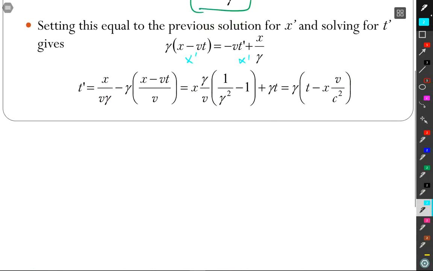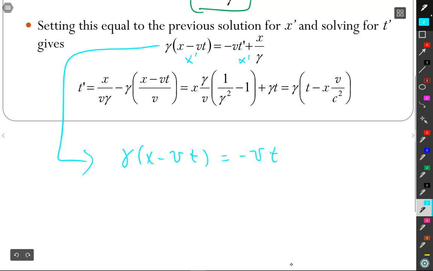So solving this, I'm going to do my own work down here. I have gamma times x minus vt equals minus vt prime plus x over gamma. Well, clearly the first thing to do is going to be to subtract x over gamma from both sides.